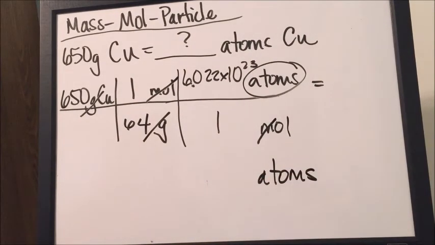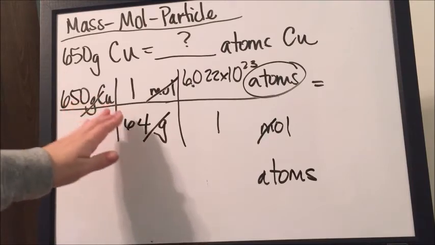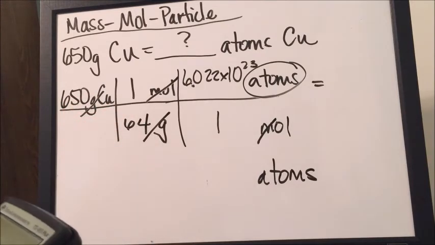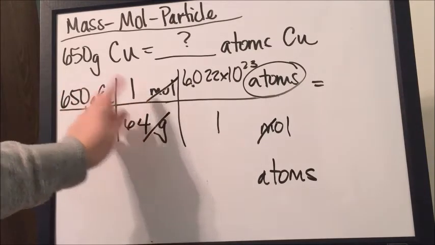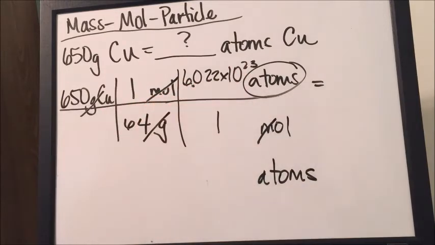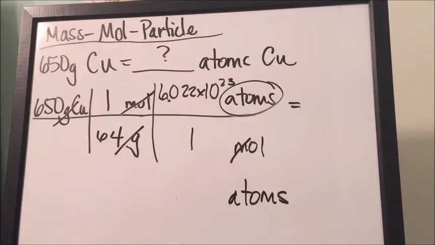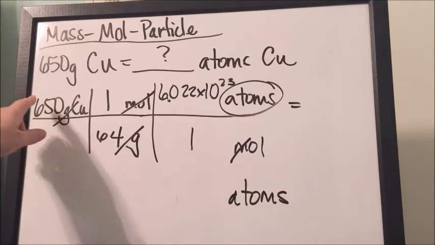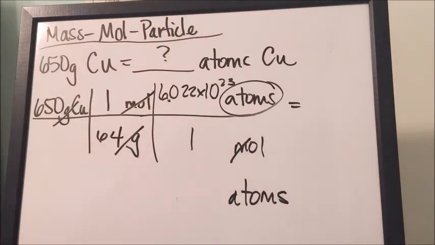Now there's a couple ways to do this. I tend to read left to right, so I tend to do 650 divided by 64 and then multiply that by Avogadro's number. But you can also do the top and then the math across the bottoms.